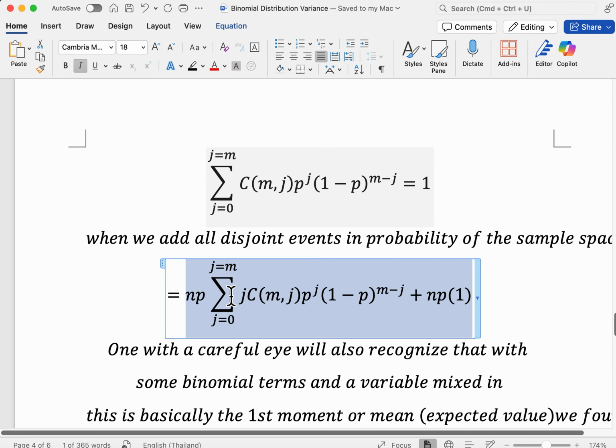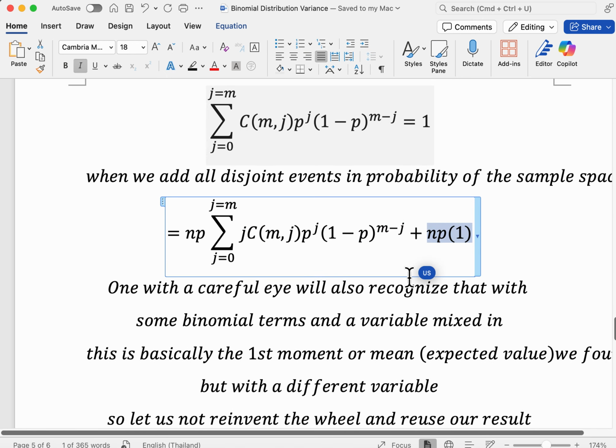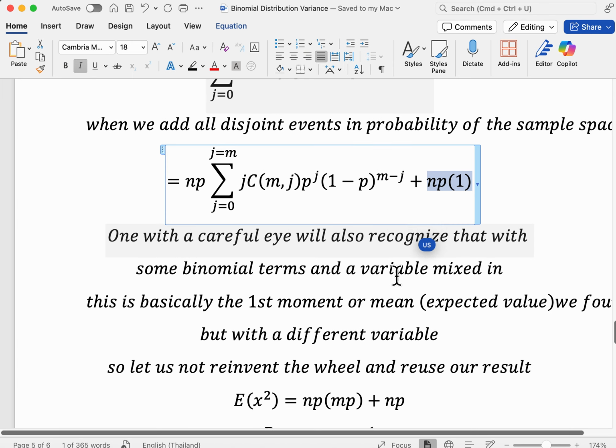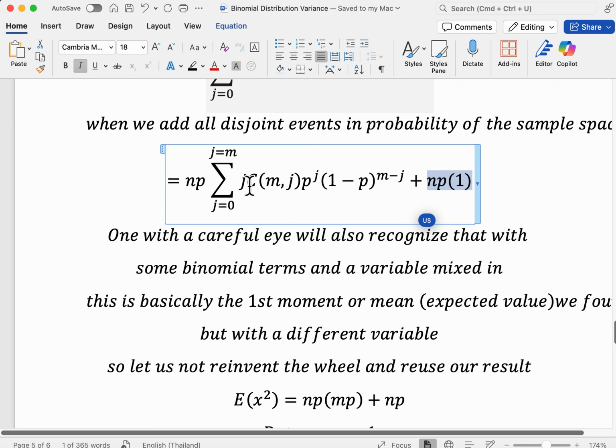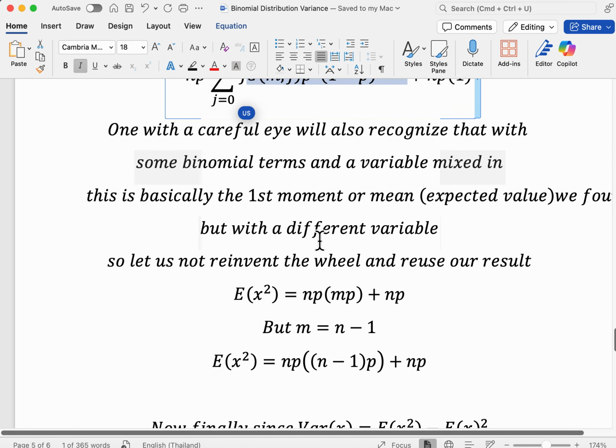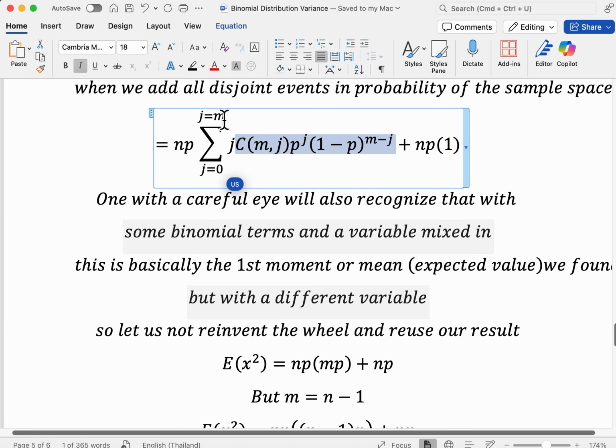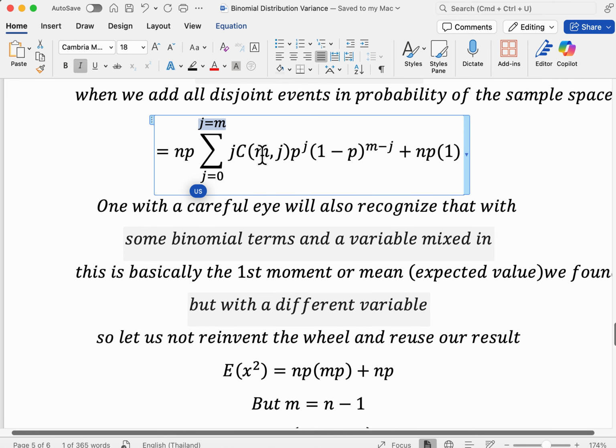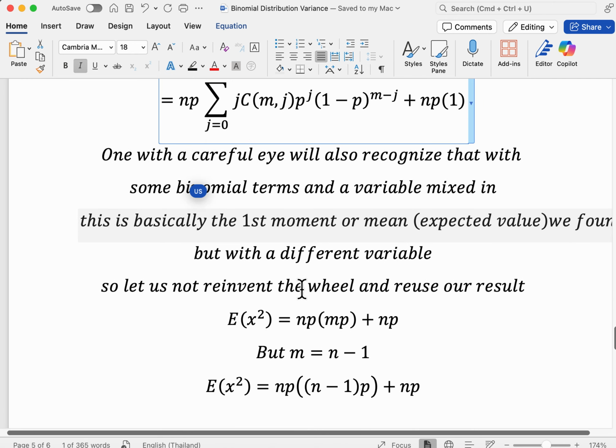Hence, we just get this, np factored out by this stuff again, plus np times 1. And this is just np, by noticing carefully again. Do note, however, it's indexed with a different variable, m. So it's going to be np times np.